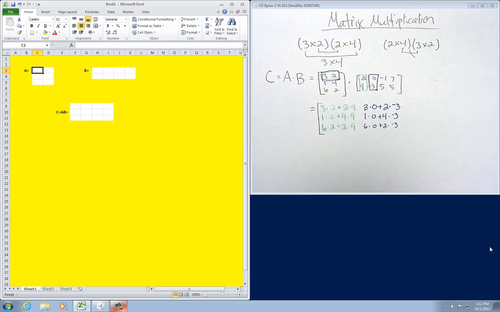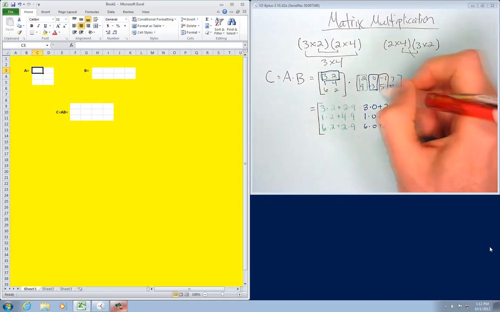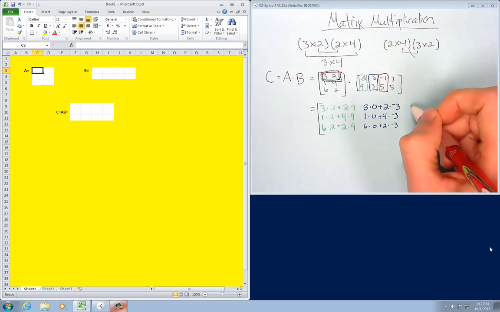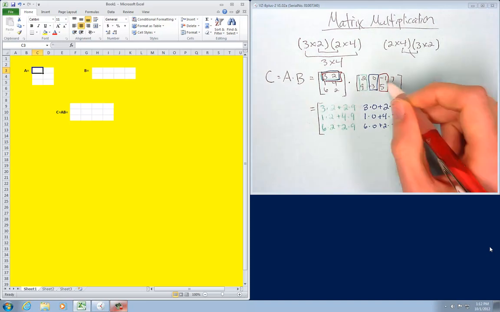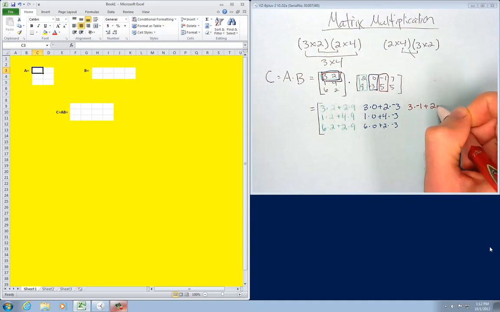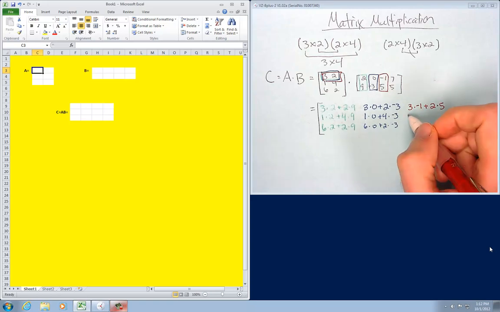Let's use red for the third column. Same thing, take your 3 and multiply that by the first number, negative 1, and add that to the second number, 2, times your second number in this third column, which is 5. And do that for each row.